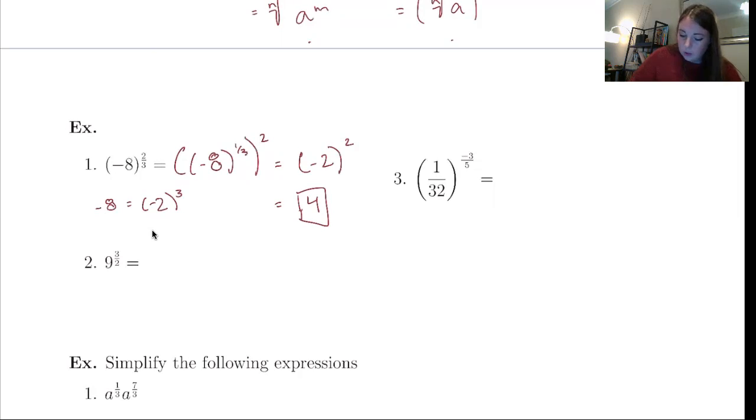Okay. So 9 to the 3/2. Again, I don't want to try to find out what the square root of 9 cubed is. I don't even have to find out what 9 cubed is. It's 729, but hard. Let's take the square root first. 9 to the 1/2, and then again to the third. I guess I didn't need that extra parenthesis. All right, so what's the square root of 9? It's 3 or -3, right?